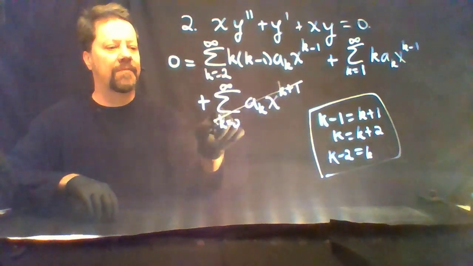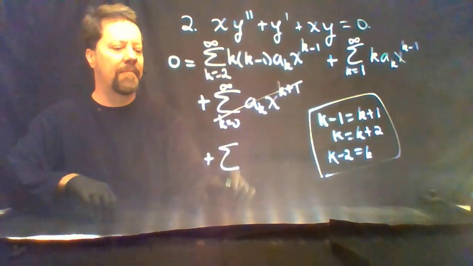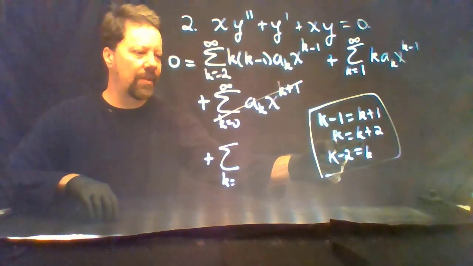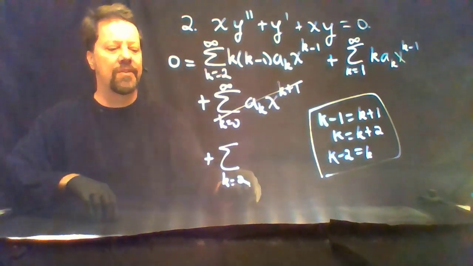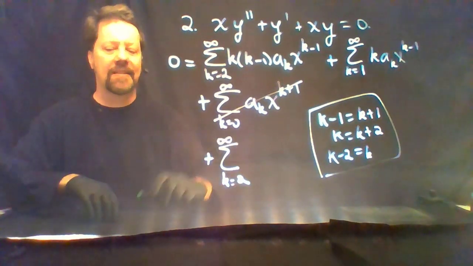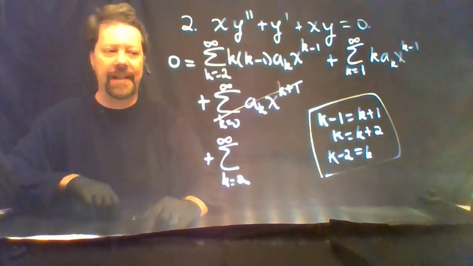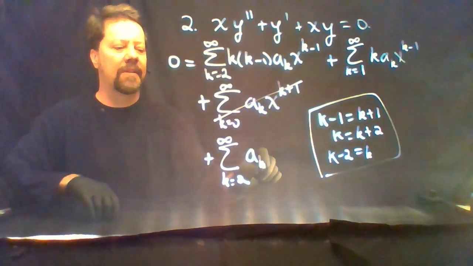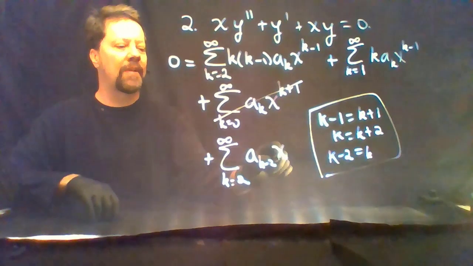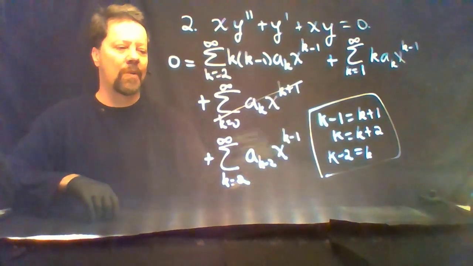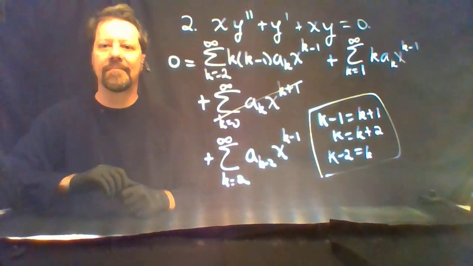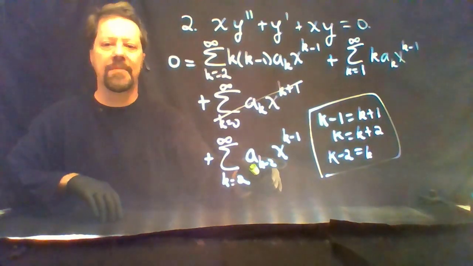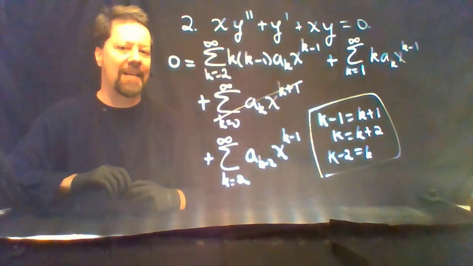Doing so, we'll have the sum as the new index. If the old index started at 0, the new index will start at 2. The old index and the new index both go to infinity. A sub old k is going to be a sub k minus 2, and we'll have x to the k minus 1 by design. Now all three terms have sums involving x to the power k minus 1.